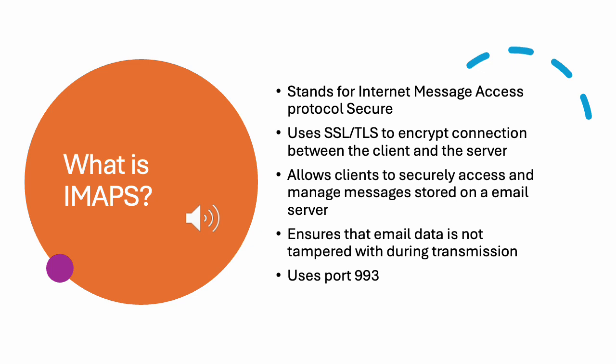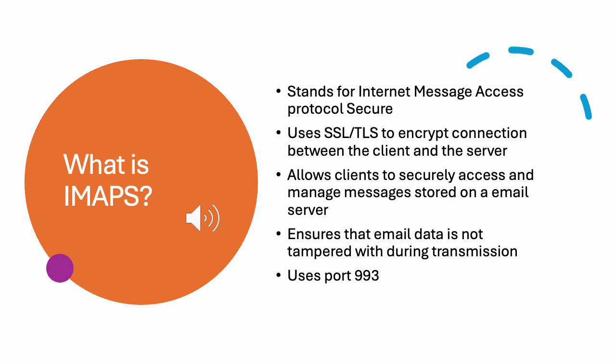Unlike POP3, which downloads emails to a local device and removes them from the server, IMAPS allows messages to be accessed and managed directly on the email server. This means that users can check their emails from multiple devices such as smartphones, tablets, and computers, while ensuring that all messages are synchronized across these platforms.